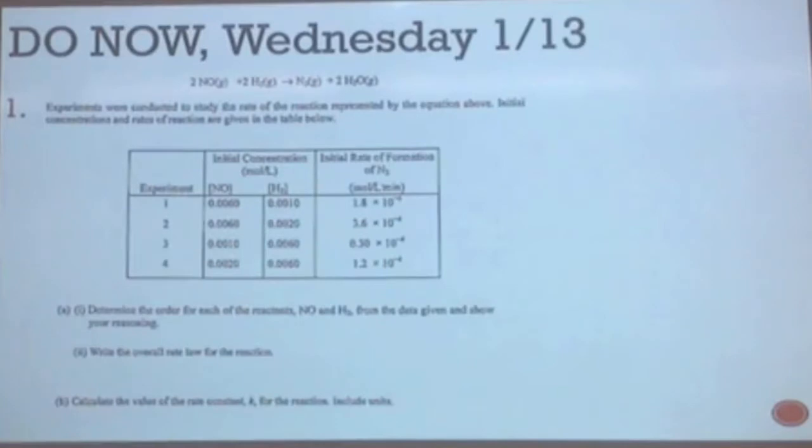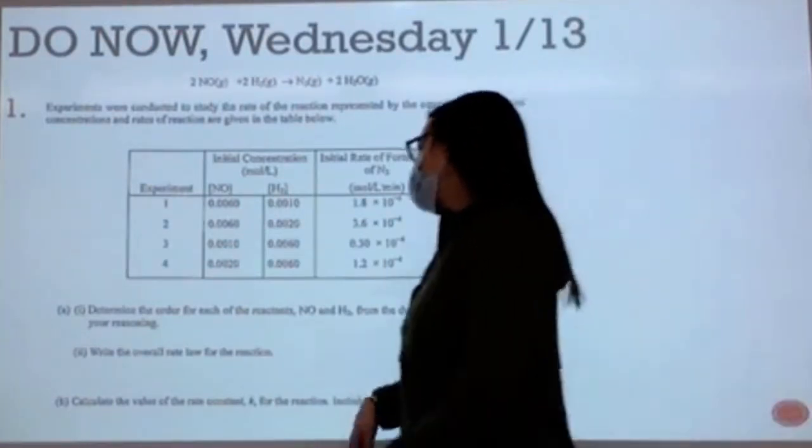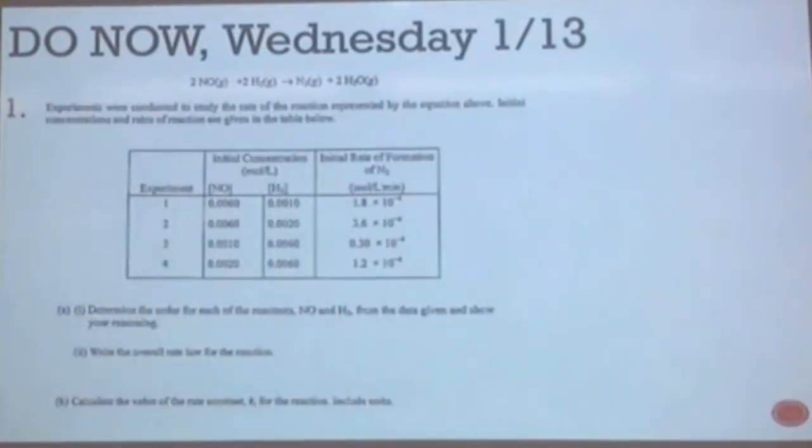And then A, part 1 says determine the order for each of the reactants, NO and H2, from the data given and show your reasoning. So remember that your reasoning could be math, it could be words.